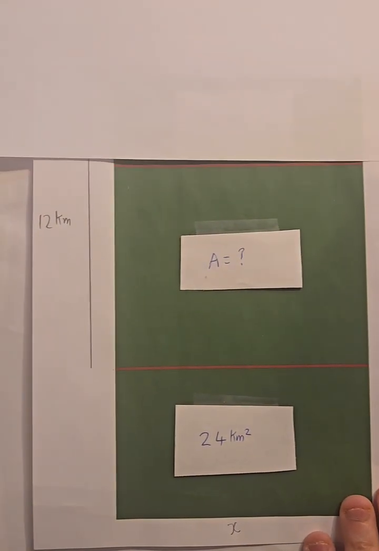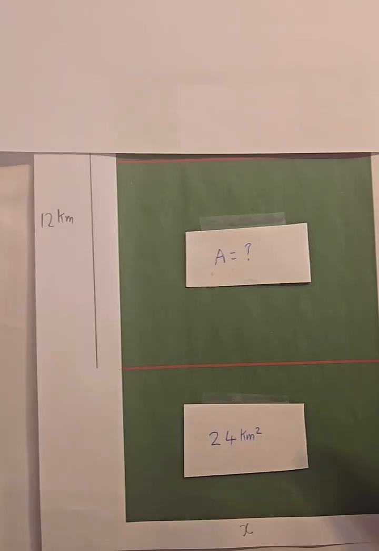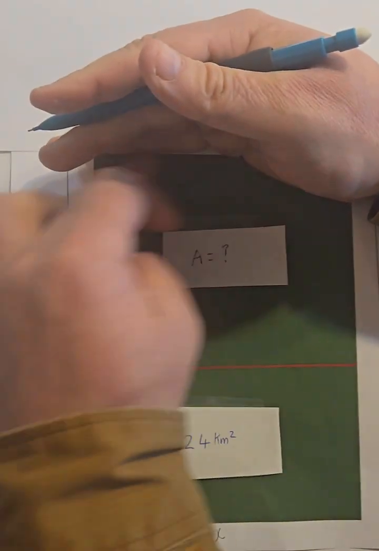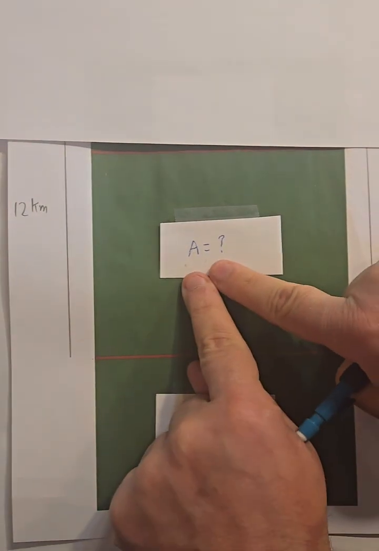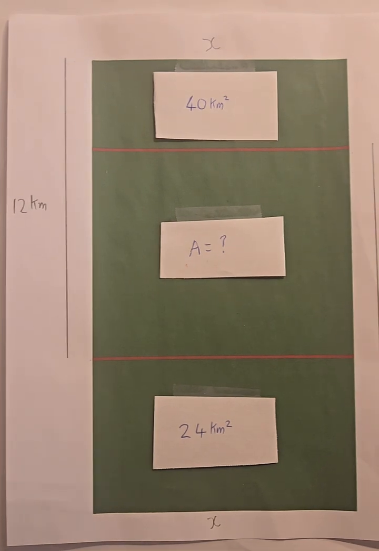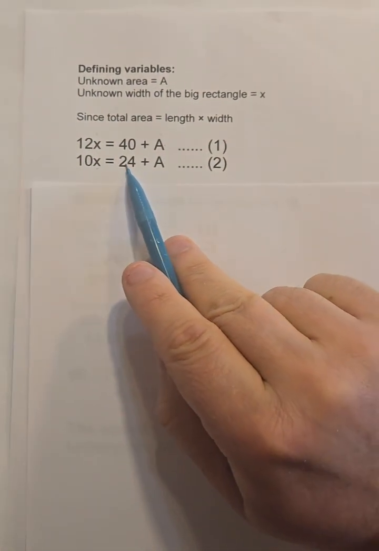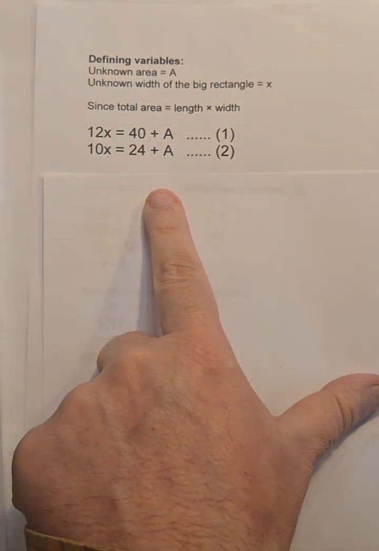We've got this part here, the area 10 times x, length times width is this area. And this big area is the same as saying 24 and A added together. And that's what we have there. 10 times x, we write as 10x for short, is 24 plus A. See, so now I have 2 equations.